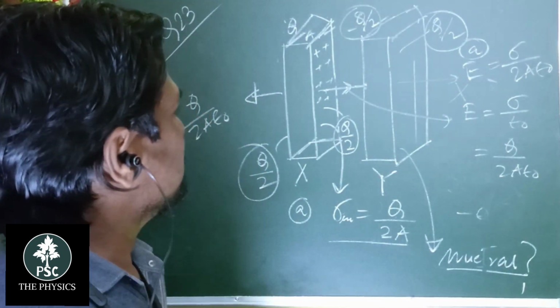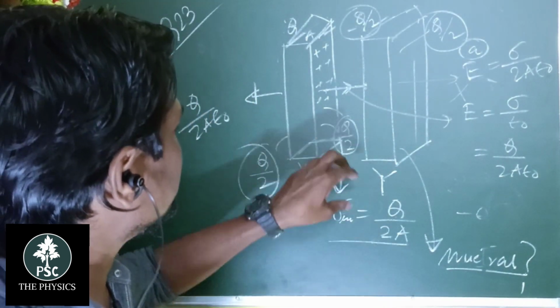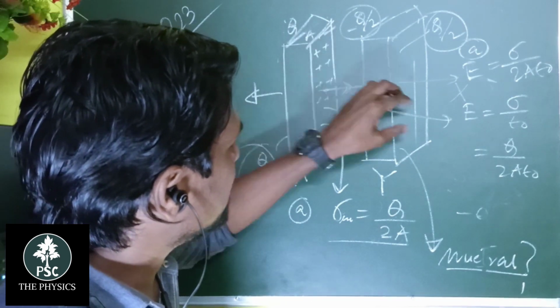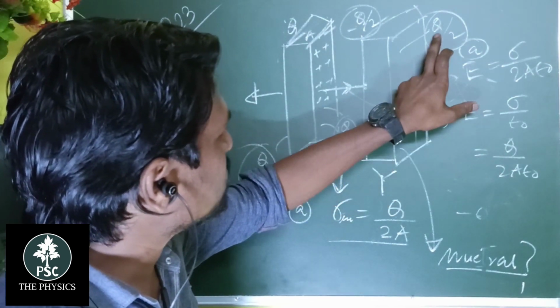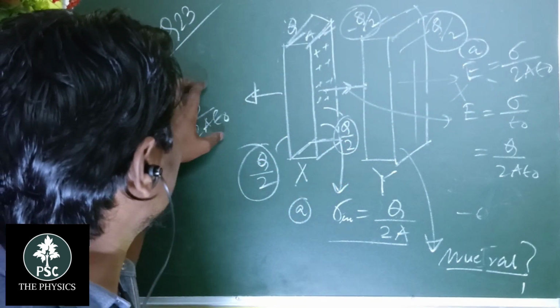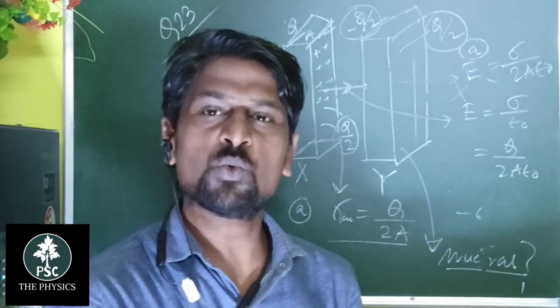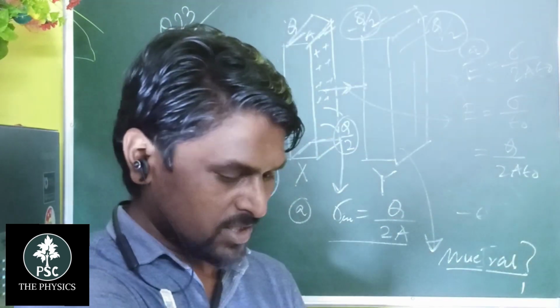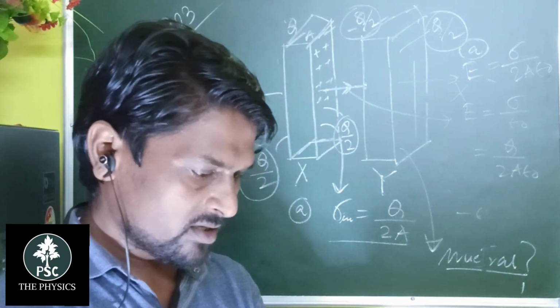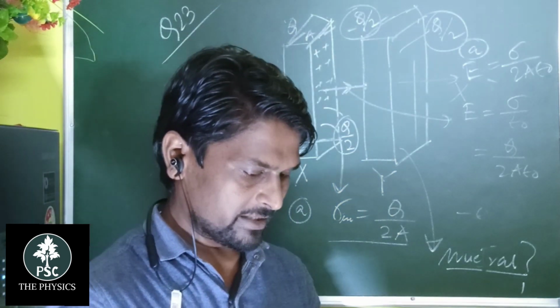Since this is Q by 2, the electric field along this direction is this one. Here it is also Q by 2, so this is E1, and here it is also Q by 2, so this is also Q by 2A epsilon naught. Okay, so right in between the plates or towards all sides, the electric field is the same.